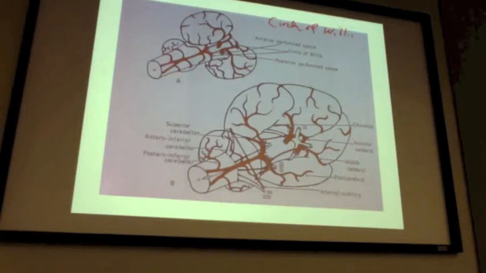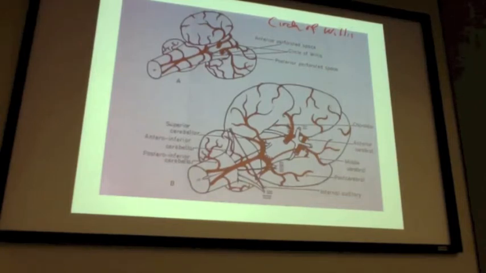Okay, and what the circle of Willis does is that if you block any of the four big blood vessels, now remember we have the two vertebrals and the two internal carotids, so we have four big blood vessels going up to nourish our brain. Because of the circle of Willis, you can knock off three of the four. As long as you have one, you can actually perfuse the whole brain.